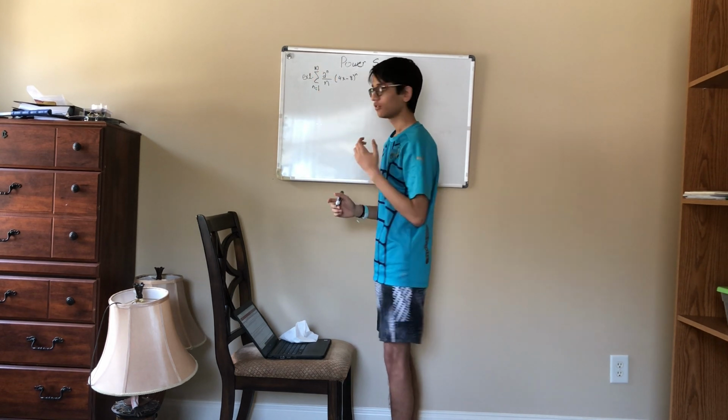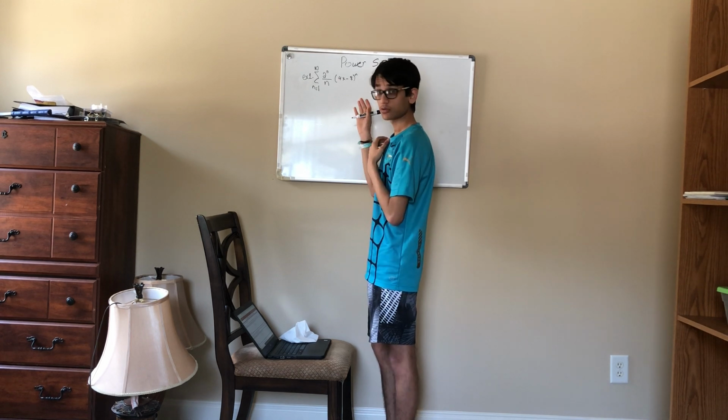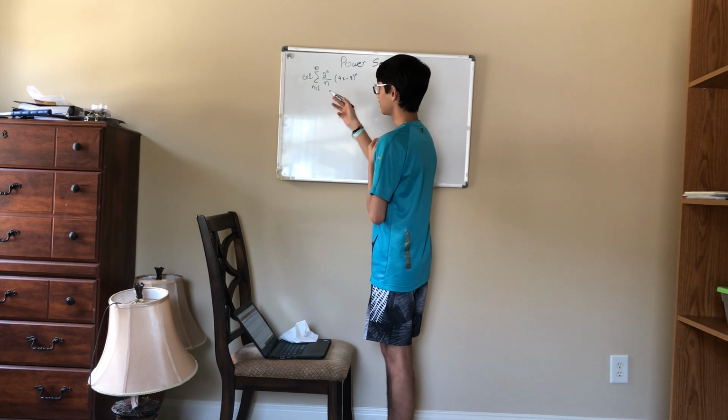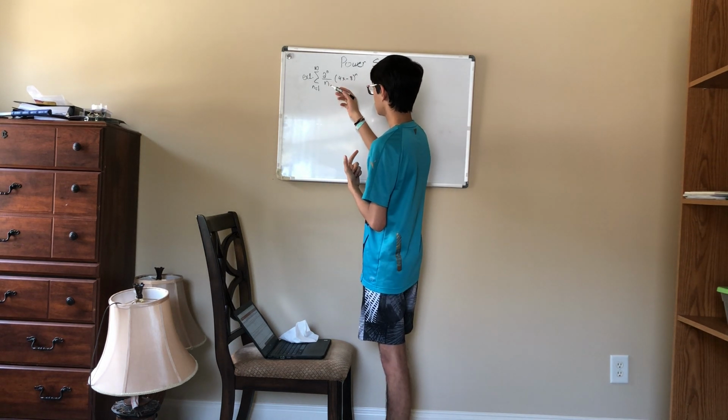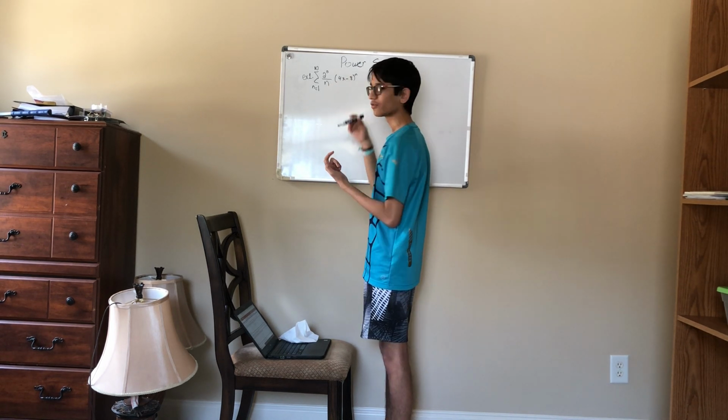So the easiest method when given a power series question, especially in this case, is either the root test or the ratio test. So in this case, you can't take the nth root of just n to the first.